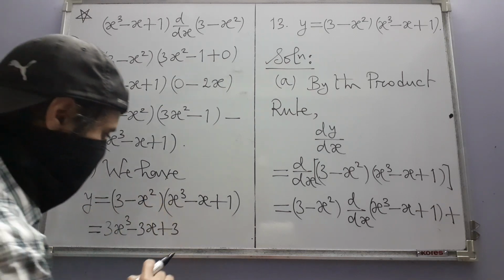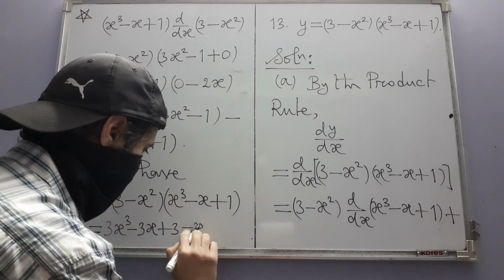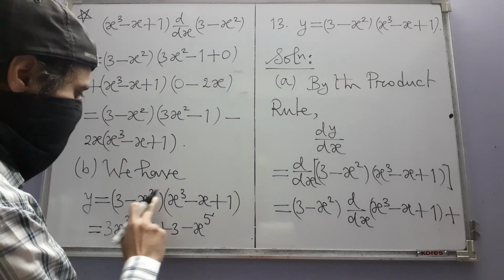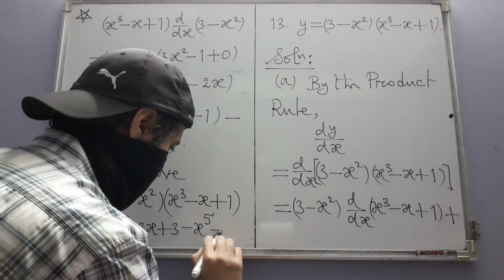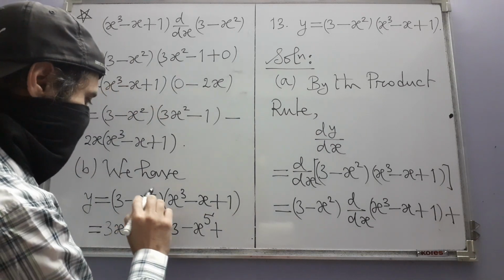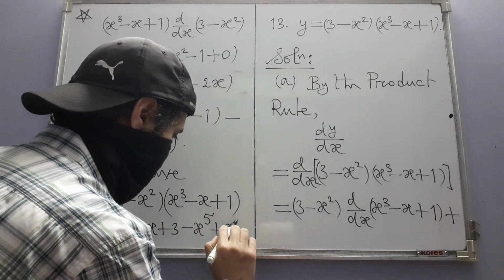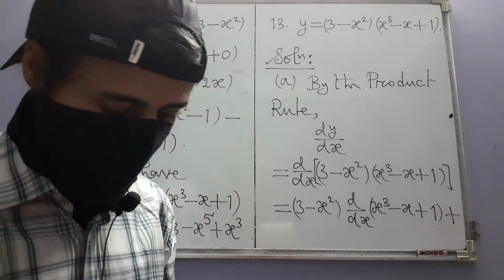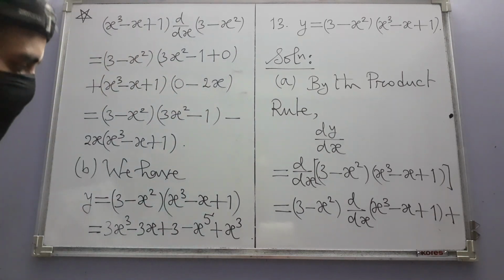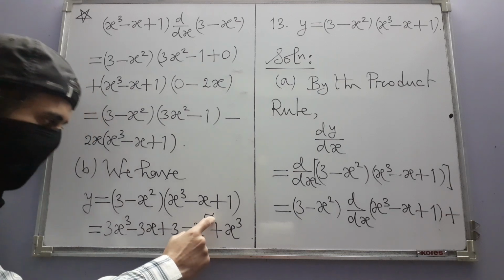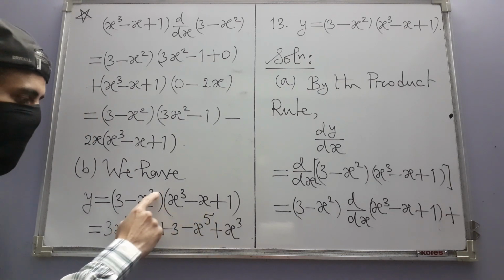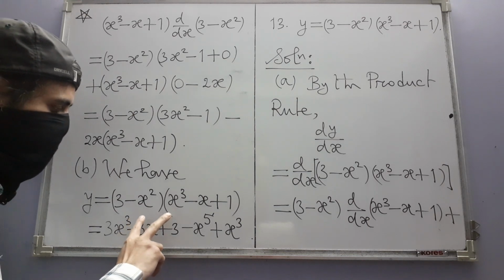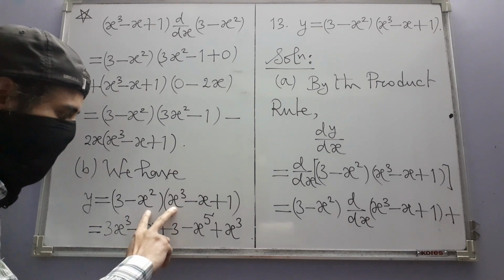Minus x square times x cube is minus x to the power 5. Minus x square times minus x, minus and minus will give us plus, and x square and x is x cube. Sometimes we inadvertently or accidentally make the mistake of writing 6 here, because we may think that 2 and 3 will be multiplied. Don't make that mistake. You should be absolutely clear about what's going on here.